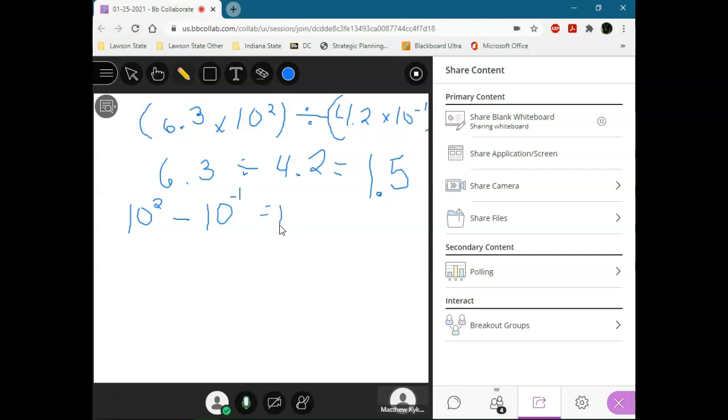So that'd be 10 to the third. So combine it together, you end up with 1.5 times 10 to the third. Does everybody see how I did that? Yes, ma'am. It's not as hard as I thought it was going to be. Generally isn't.